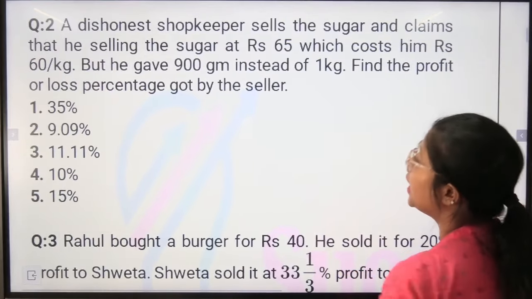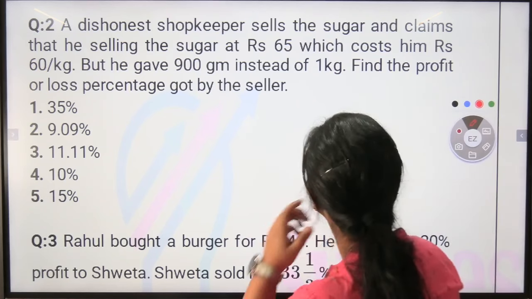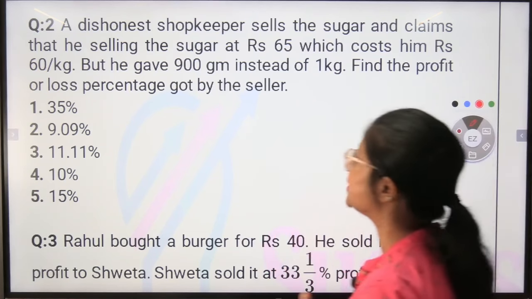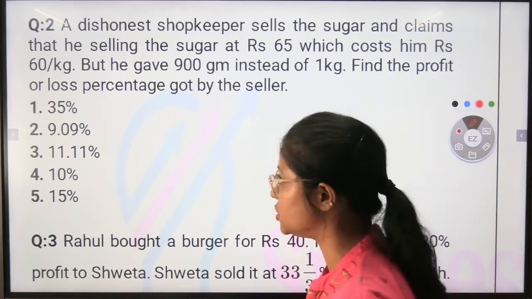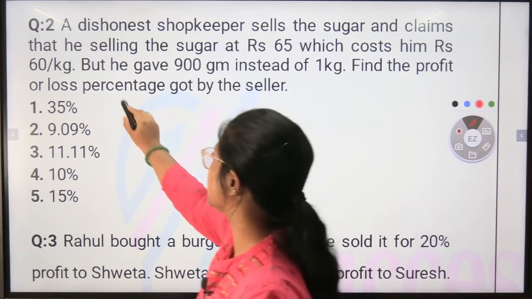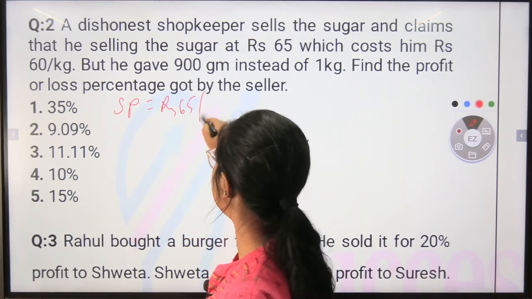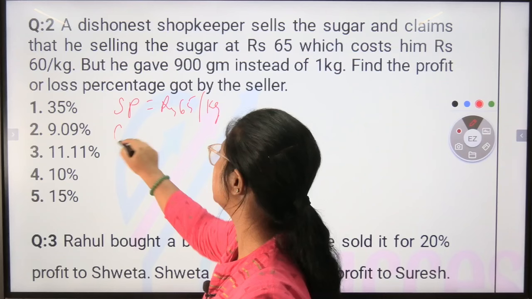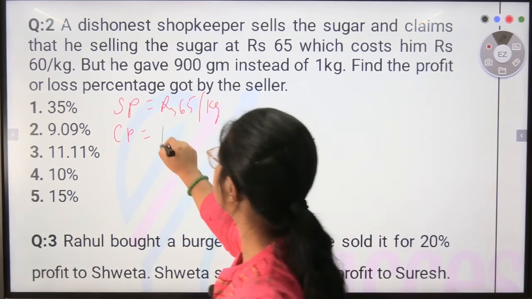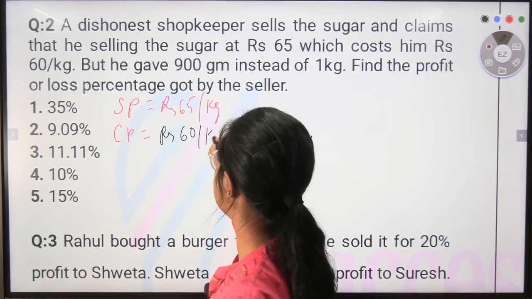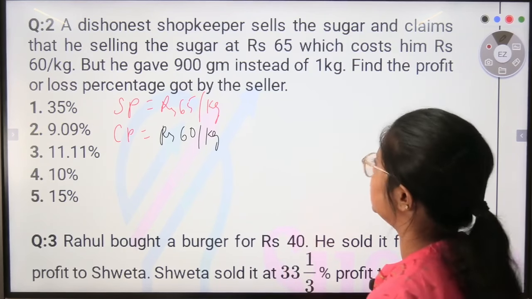So you were given a dishonest shopkeeper. The dishonest shopkeeper sells the sugar and claims that he sells the sugar at rupees 65, which cost him rupees 60 per kg. So his SP was rupees 65 per kg, and his actual CP was rupees 60 per kg as given in the question.